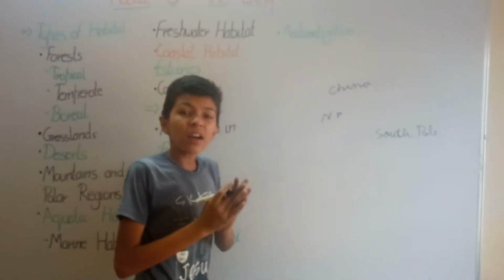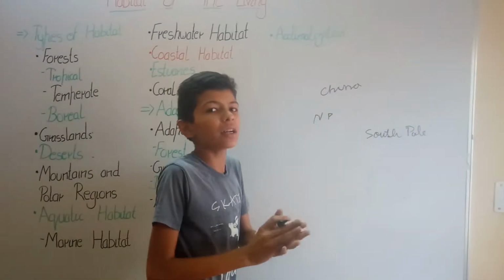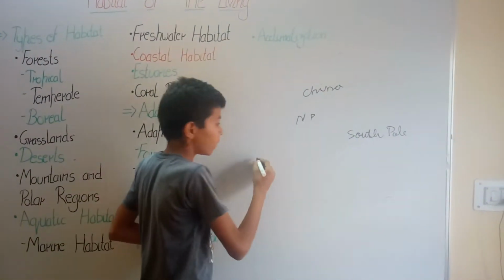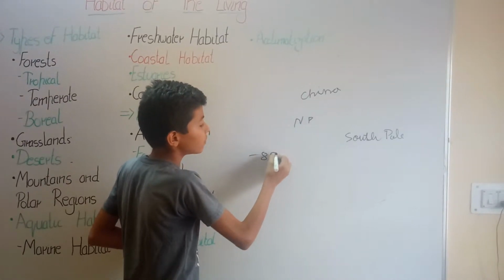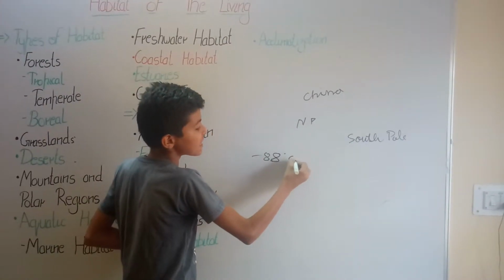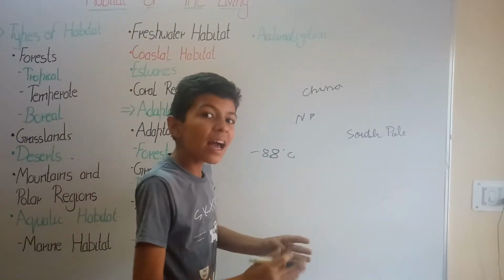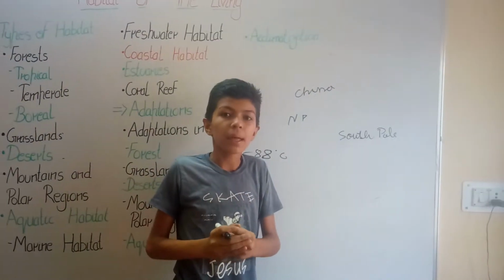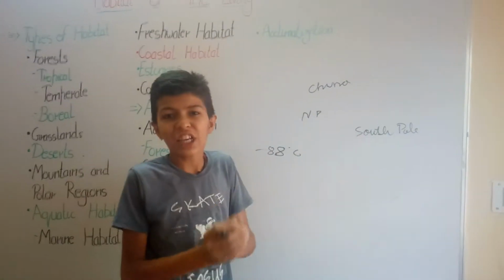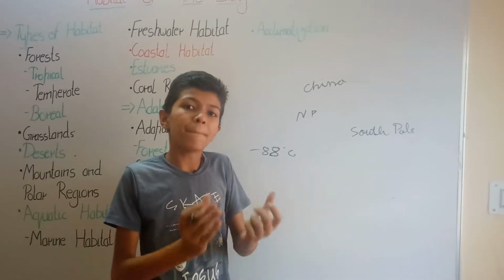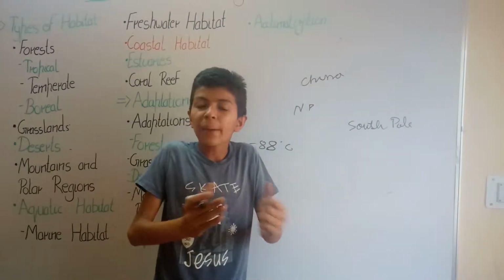The lowest temperature ever recorded is minus 88 degrees Celsius, which is in Antarctica. The animals found here include seals, walruses, penguins, and even polar bears.